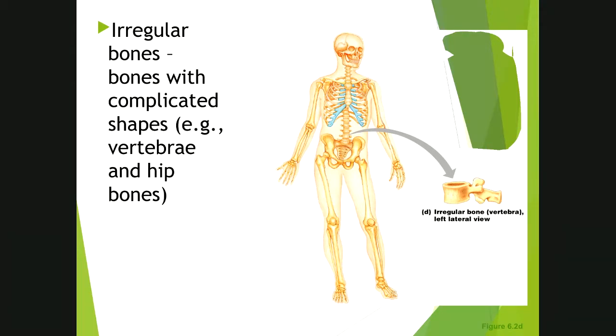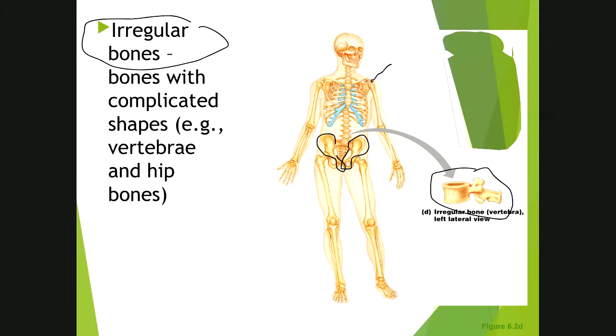And so irregular bones are all of the vertebrae, but they're also the hip bones. Those are irregular bones. And in some books, the shoulder blade, which we'll see back here, is called an irregular bone. That shoulder blade, the name of that bone is the scapula. So in some books, the scapula is considered an irregular bone.